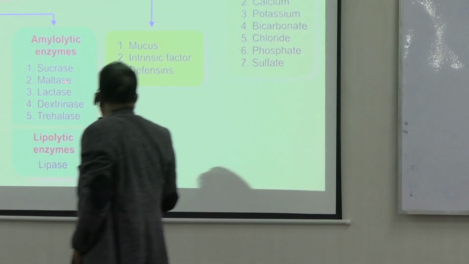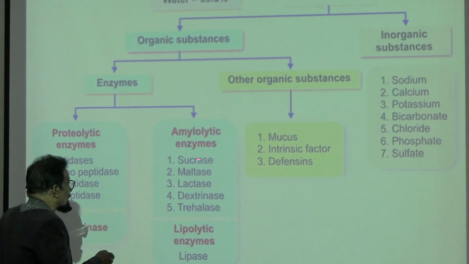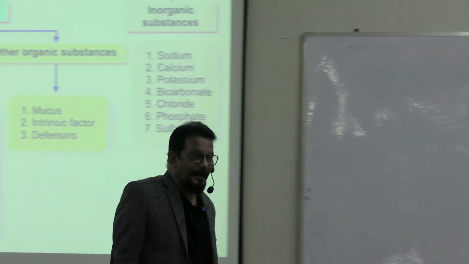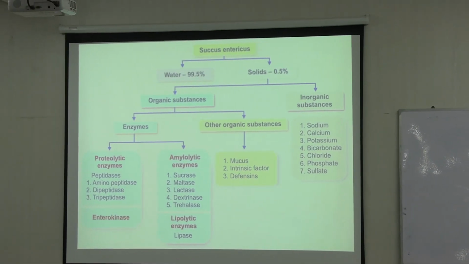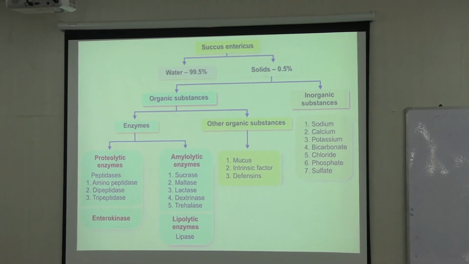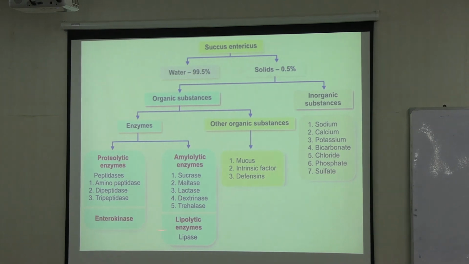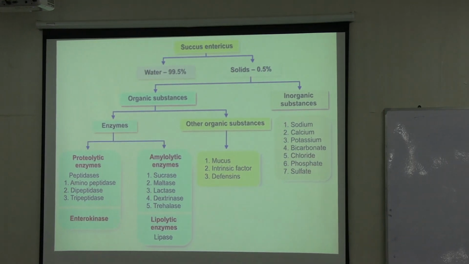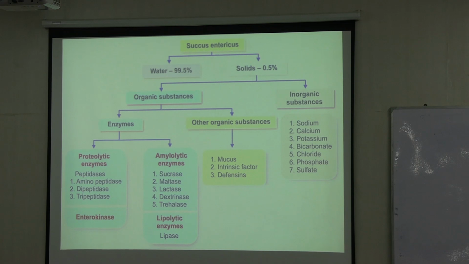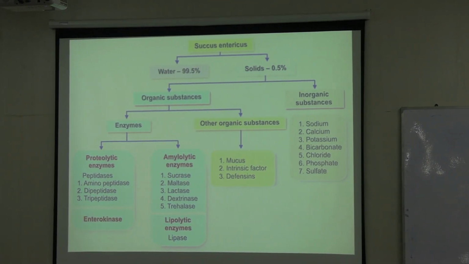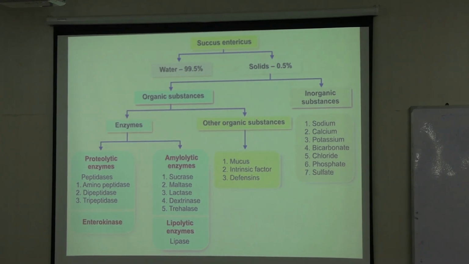Okay. So we learned the function of sucrase. Sucrase splits sucrose into glucose and fructose. Lactase splits lactose present in milk into glucose and galactose. And maltose. Do you eat malt? Yes. Definitely you take biscuits, bread.